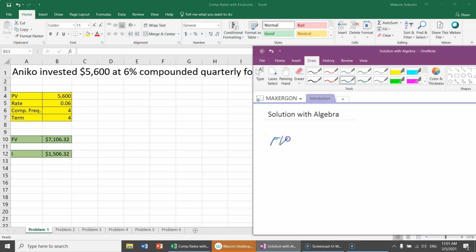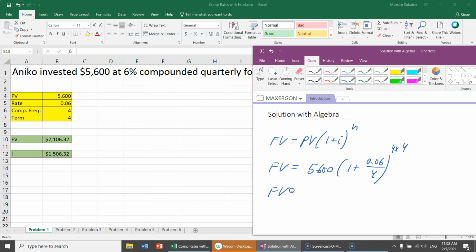For demonstration purpose, we can solve the same problem with algebra. So we can find future value using the formula present value times (1 plus i) exponent n. Future value, therefore, is going to be 5,600 times (1 plus 0.06 divided by 4) exponent 4 times 4. So we have 4 compounding periods per year and 4 years.